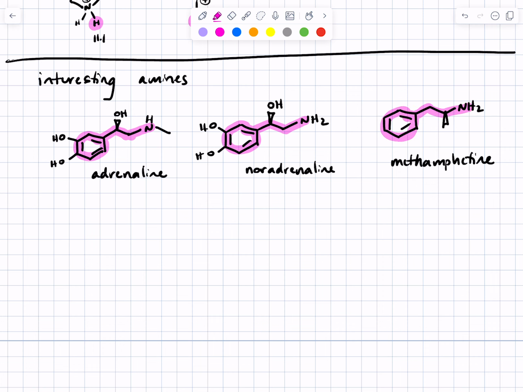It lacks the OH group, and it has an additional stereocenter. But you could see, just based on structural similarities, that you might imagine them targeting the same sorts of receptors and pathways. I don't know really anything about adrenaline, noradrenaline, or methamphetamine biochemistry, but you can see by their structures that they're similar, and so you wouldn't be surprised to see similar impacts.